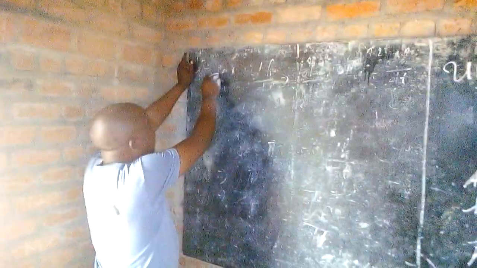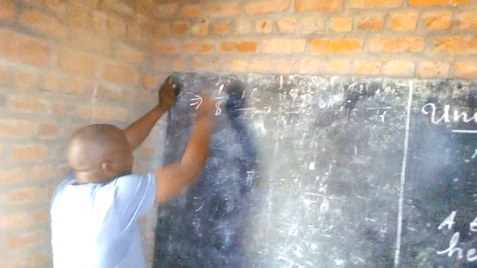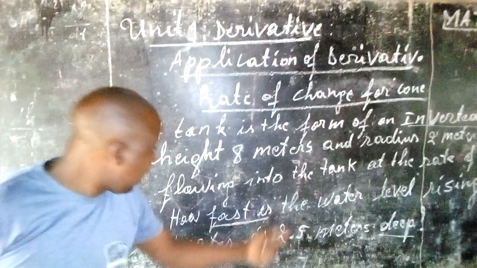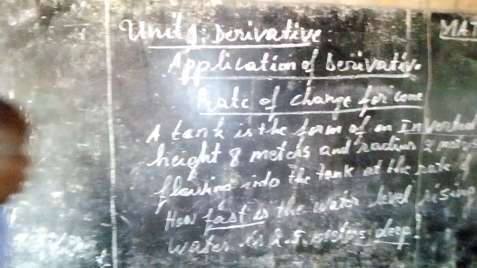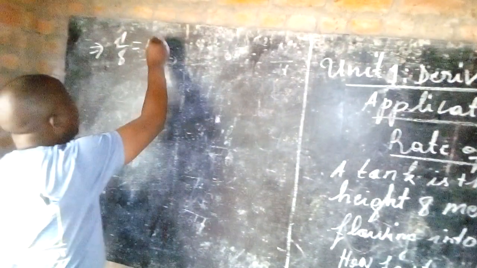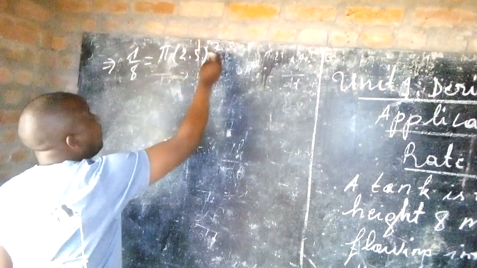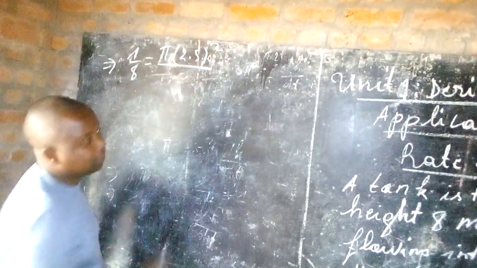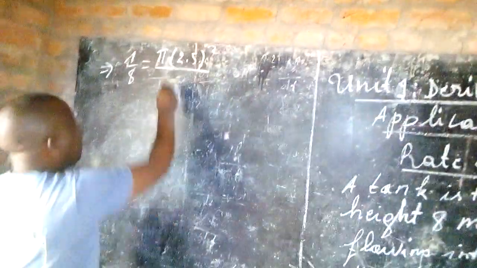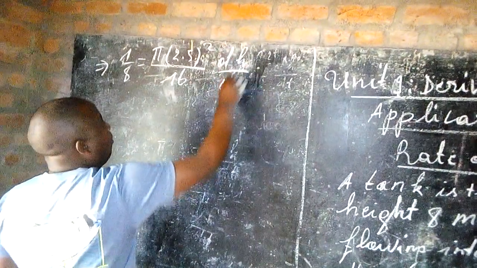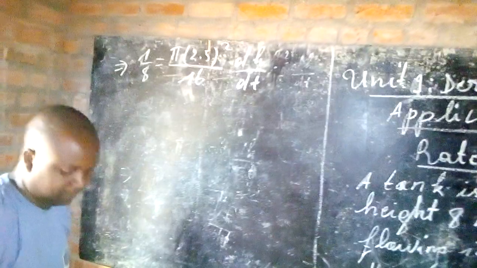Now continue with the data. dV over dt is 1 over 8, and the water level is rising at h equal to 2.5. It means we have here pi times 2.5 square over 16 times dh with respect to time.